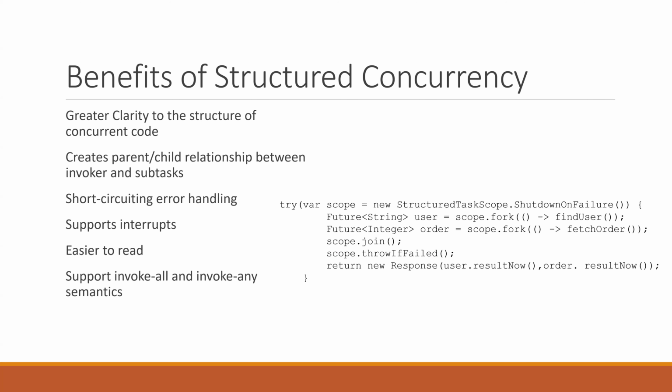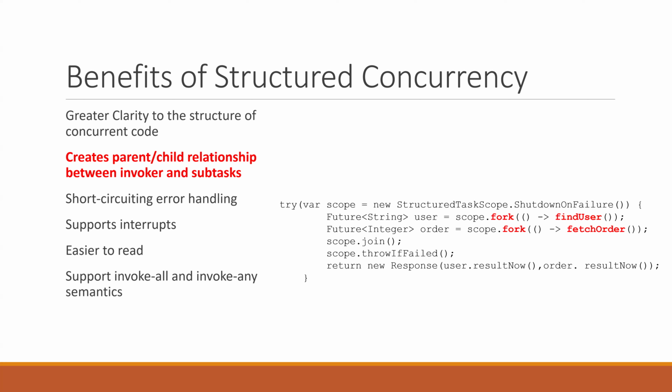So greater clarity. I create the parent-child relationship with the fork here. So these 2, find user and fetch order, are children of the scope of the try, that scope that I have there.